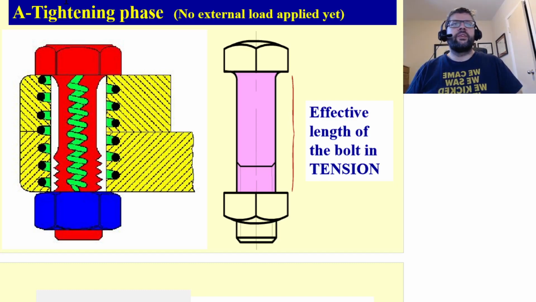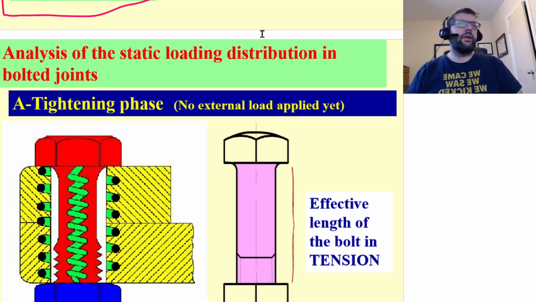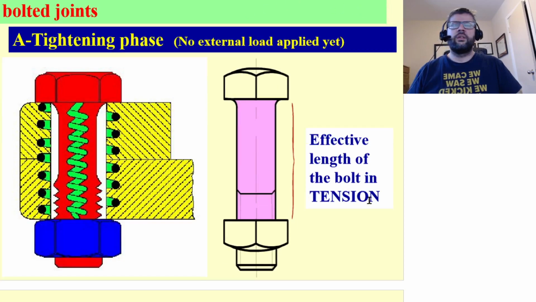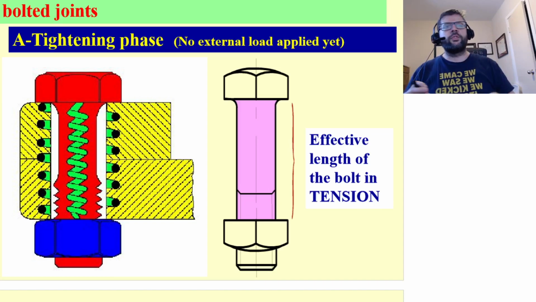So as for what's going on, we are going to have a certain amount of load distributed here. When you first apply the bolt, you insert the bolt through the bolt hole, throw the nut on.